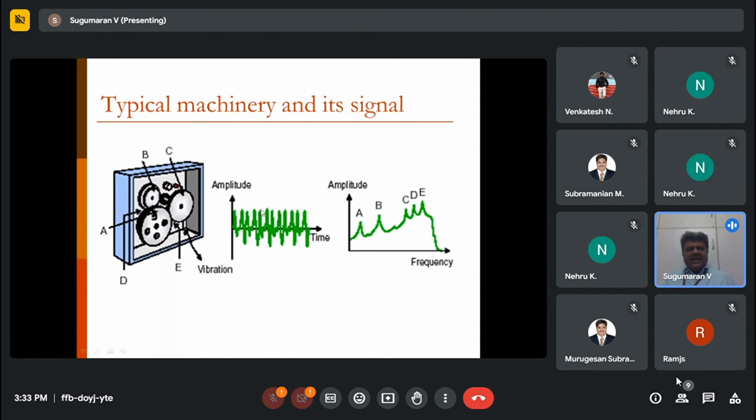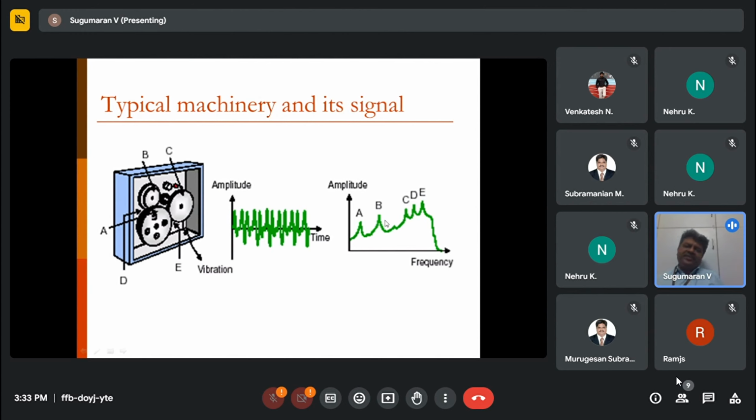Here it's like a green color, going up and down. So what do I understand? I don't understand anything. Whereas if I do FFT and convert it into a frequency domain signal, you see there is a peak at A, another peak at B, another peak at C, D, E, and then the signal goes like this.